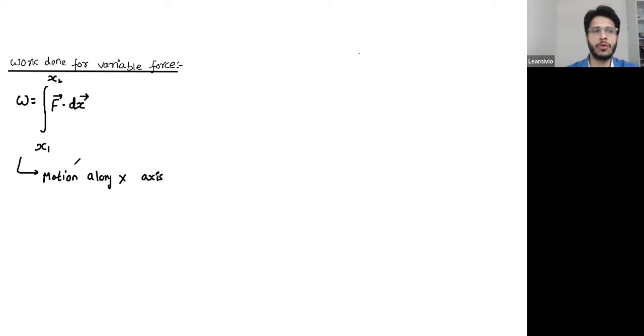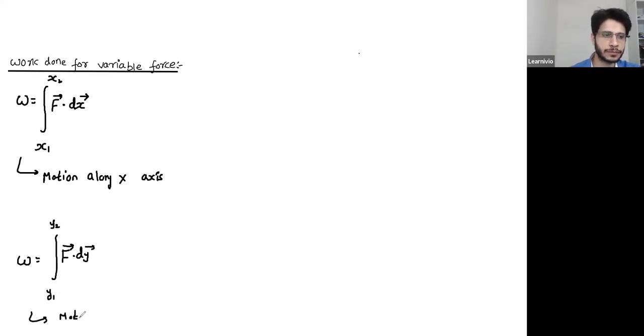If motion is along the y-axis, then instead of dx, you can simply use dy. The limit of the integration is from y1 to y2. This is motion along the y-axis.